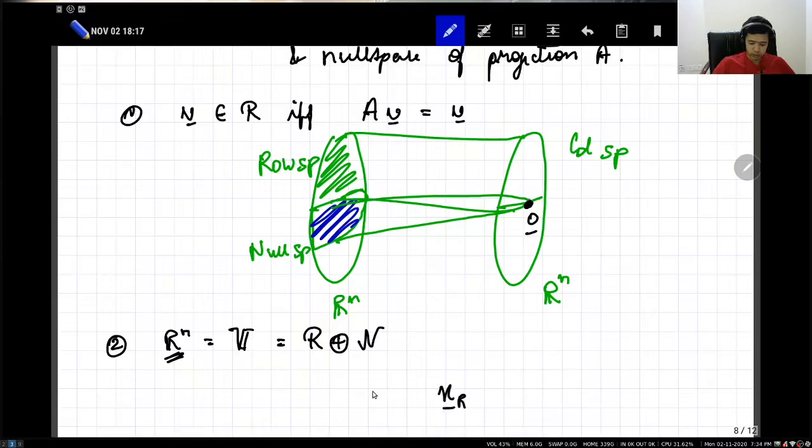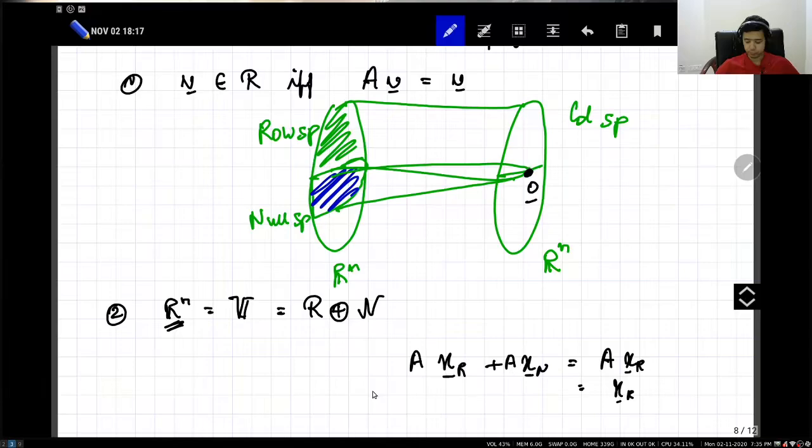Take any xr and xn, both non-zero. Then A times xr plus A times xn is equal to A times xr, and since xr is in the range of A, this is equal to xr, which is non-zero. So the spaces R and N are independent, and the sum of R and N gives you the entire vector space.